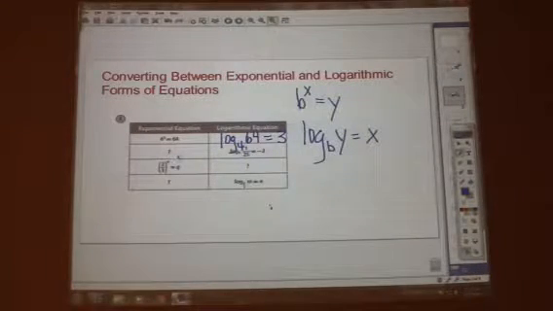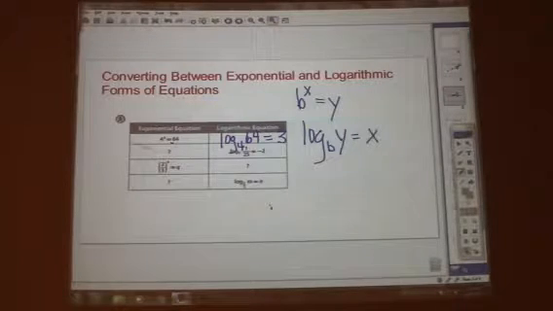Alright, on the next one, up at the top of page 823, let's go from logarithmic to exponential. So the little subscript here now becomes the base. Sorry, I wrote it wrong.